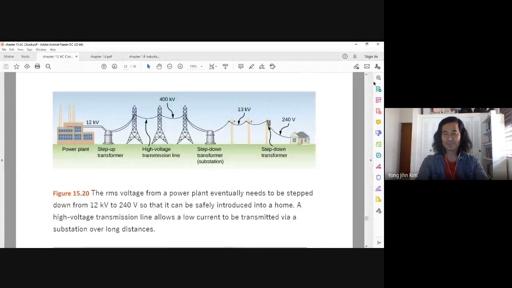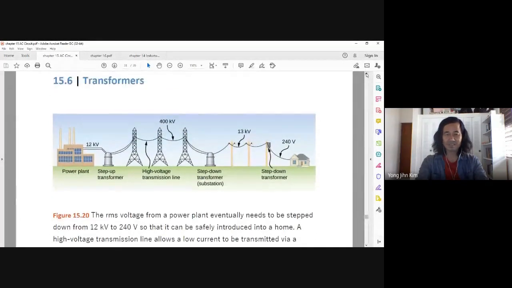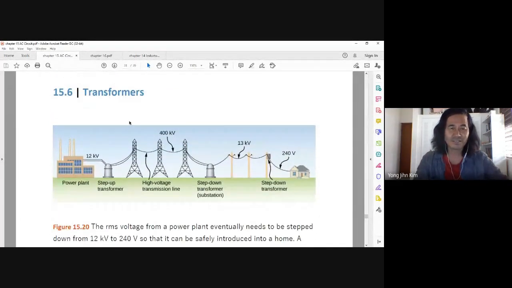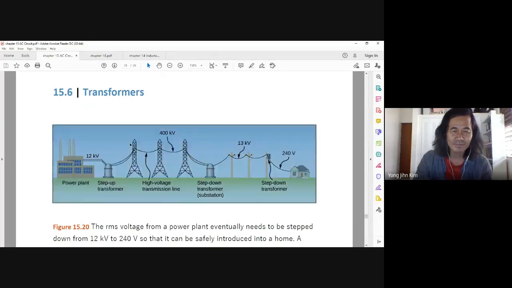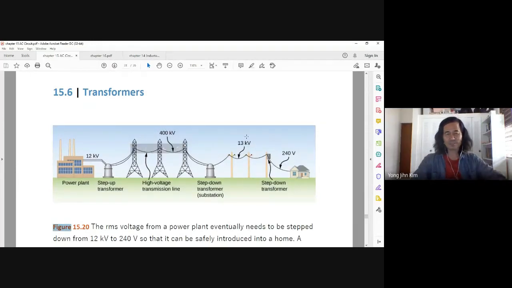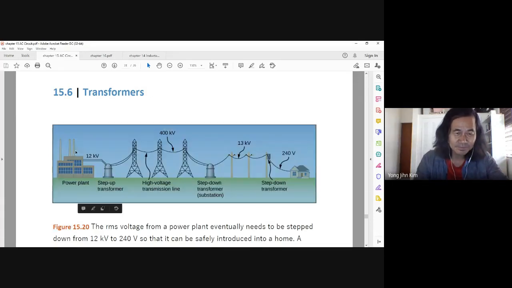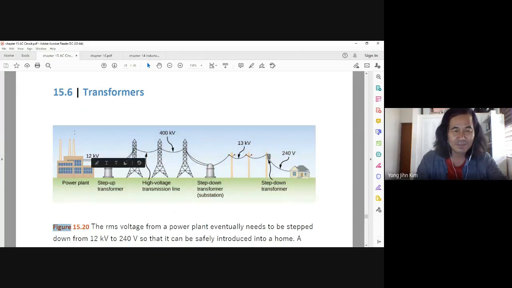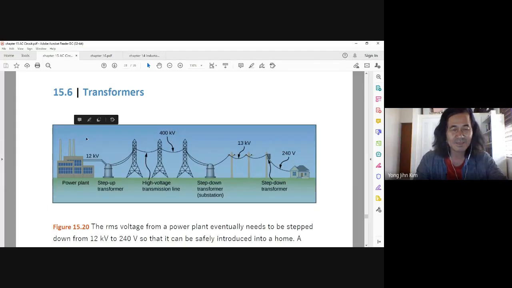Okay, now let me move on to the last section, transformers. You remember we are using AC, and the power plant produces electricity and sends the electricity with high voltage.